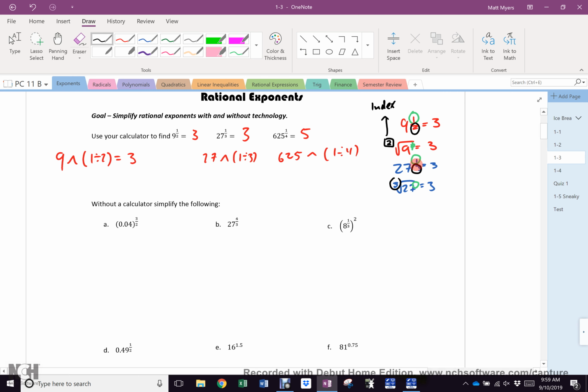Right? So all of you remember that this symbol with some index and x to another exponent is the same. That is the radicand. It becomes the base. This power becomes the numerator, and this becomes the denominator.